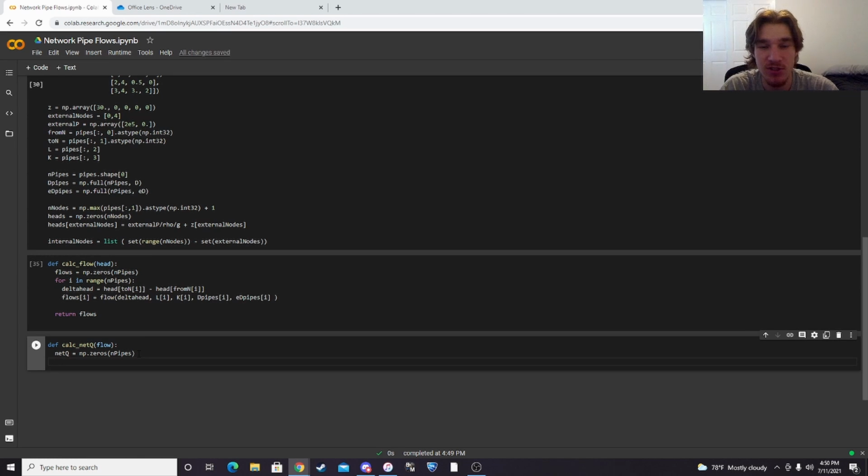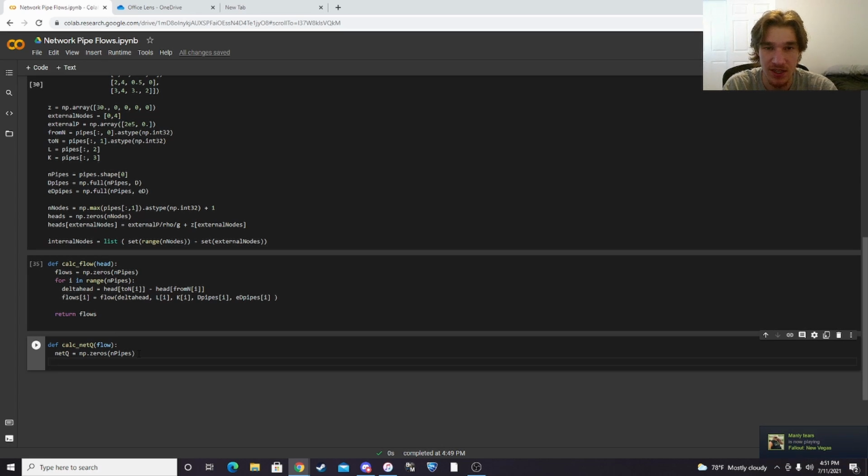And we're going to be using a cool feature from NumPy called add.at, and what that does is it takes what we're trying to add and adds it to this specific index of netq. In this example, netq, it'll be adding the flows of each pipe. So 1 to 2, 2 to 3, it'll be taking the positive and negative of those.